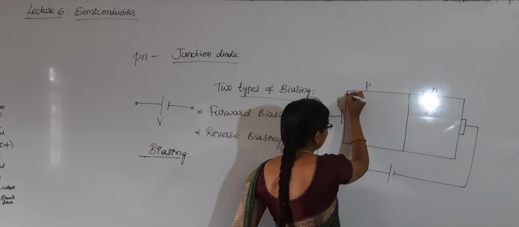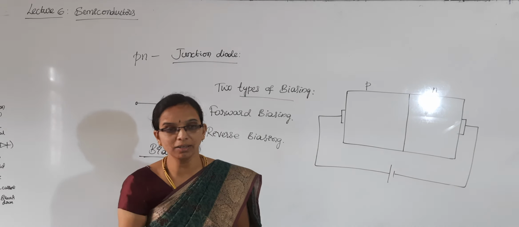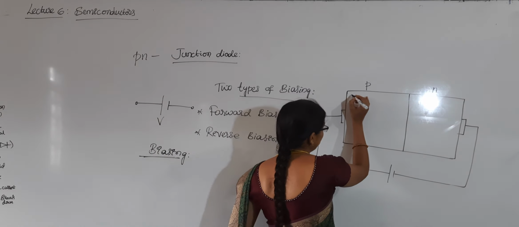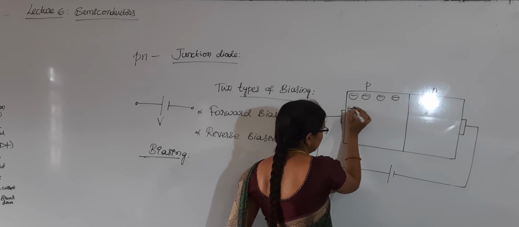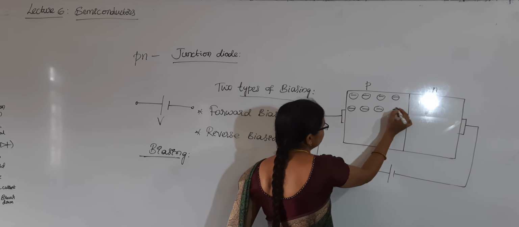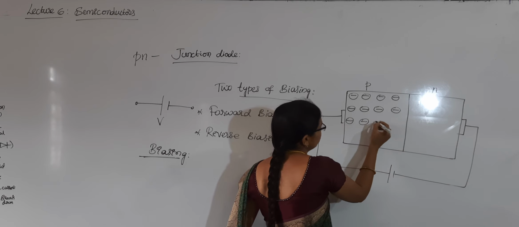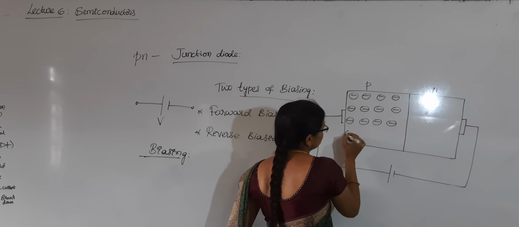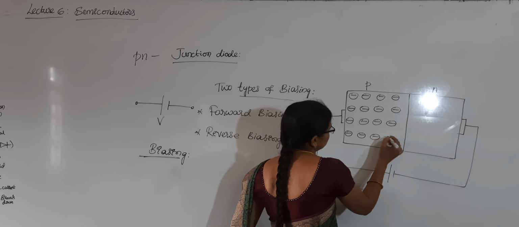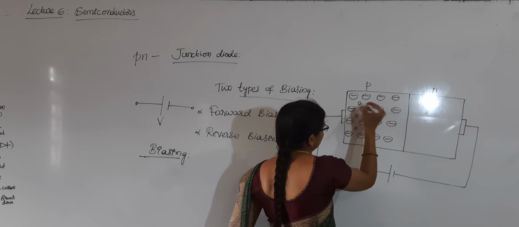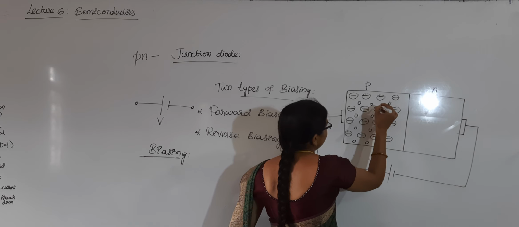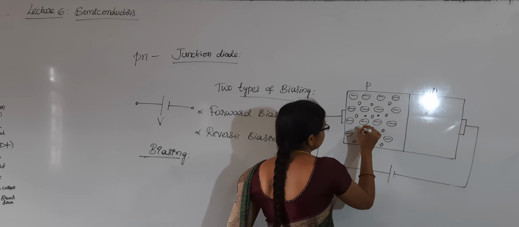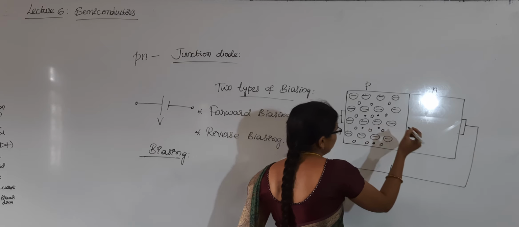In p-type material, what will we have? A higher concentration of holes and negative immobile ions, and there are some minority charge carriers, electrons.